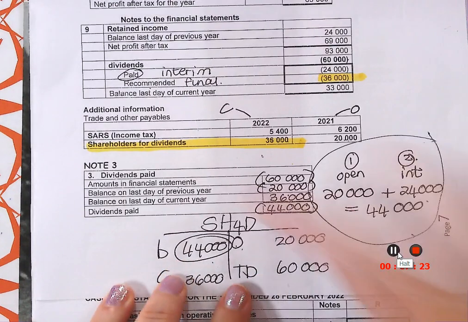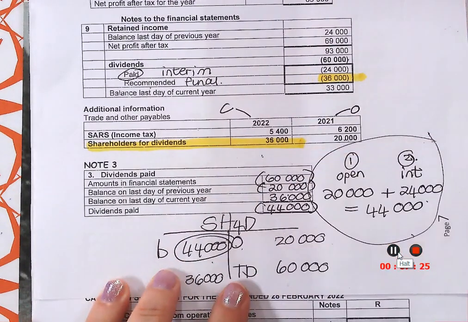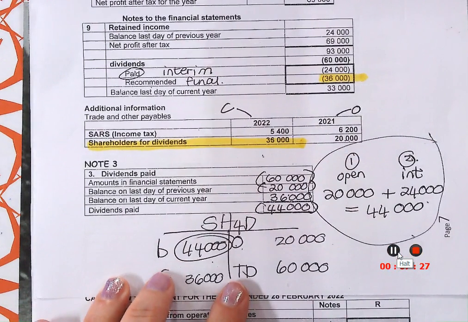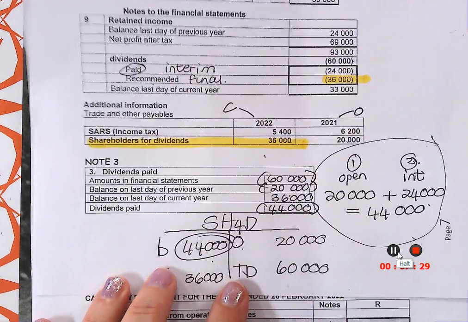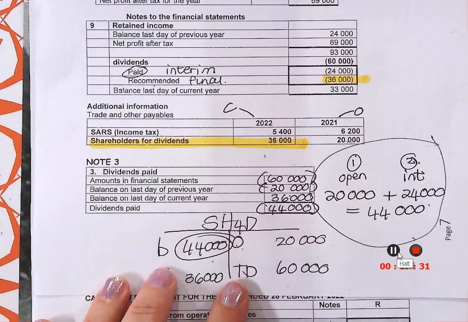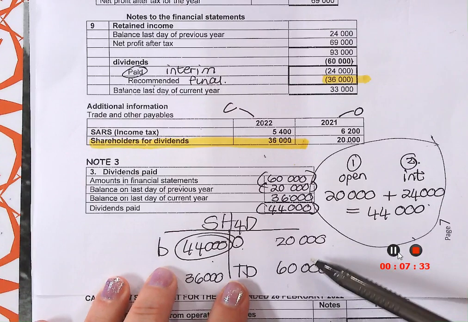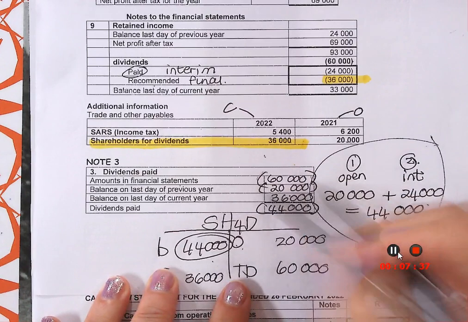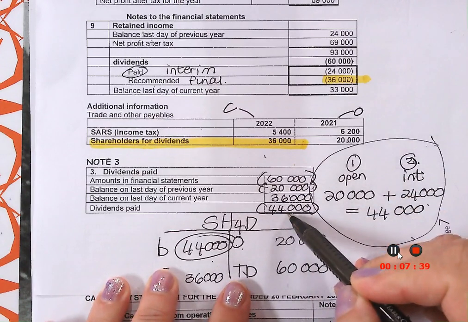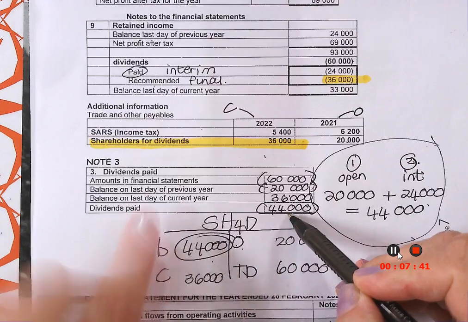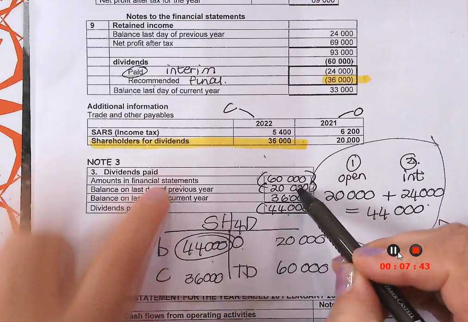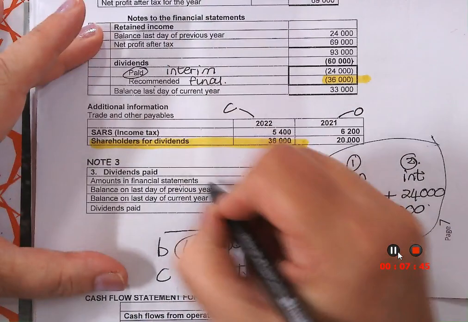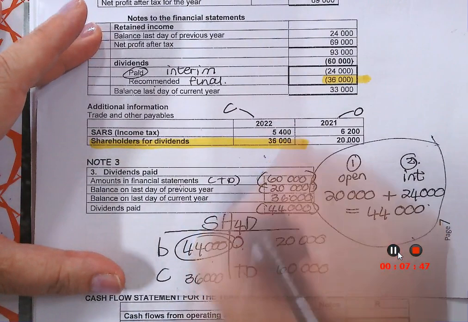The other way is the vertical. Now I know a lot of people prefer the vertical. For me the vertical is always more difficult because I grew up on T's. But the vertical I always remember as bracket, bracket without bracket. So the amount in the financial statement would be the total dividends. That's your total dividends.